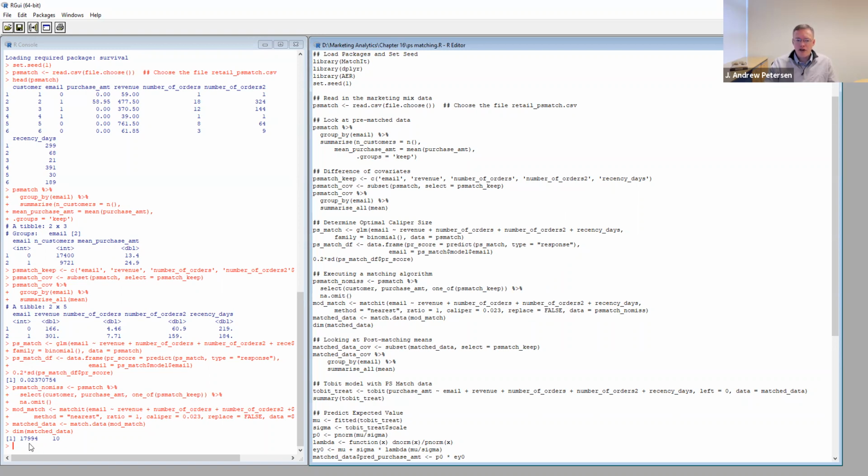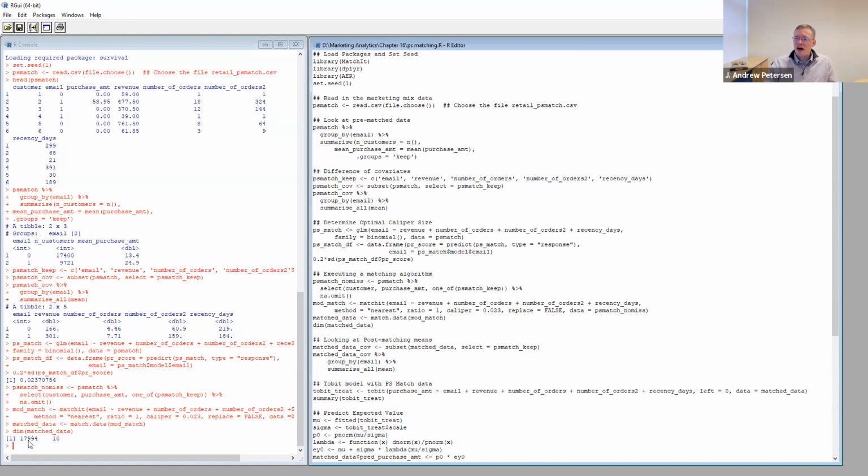So this ran, and we see that we're down to about 17,900 rows from our total of about 27,000 rows. Now, we try to match a person in the email group with someone in the no email group. So ideally, if we matched everyone, we would have 2 times 9,271, which is about 19,400 or so.